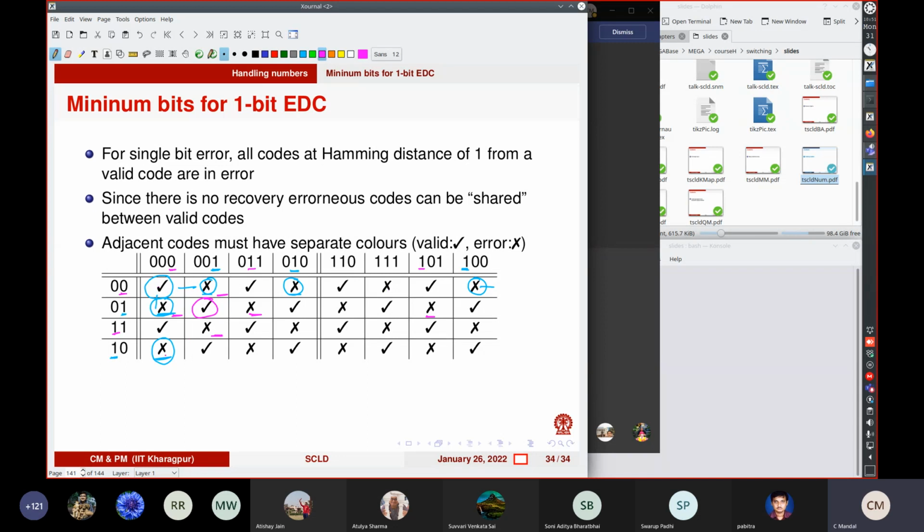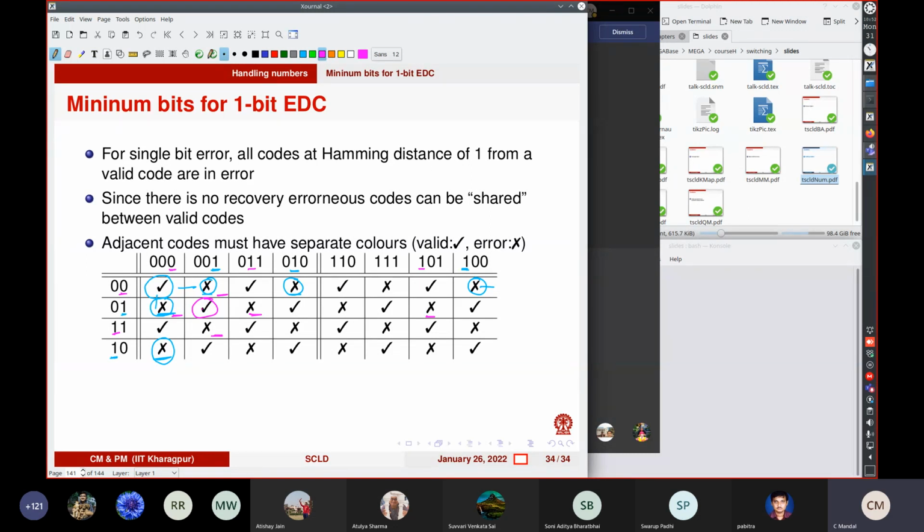Do you understand? All these blue circle crosses are at a Hamming distance of 1 from the blue circle tick. Is that okay? Yes, sir. All right. So this code is free.